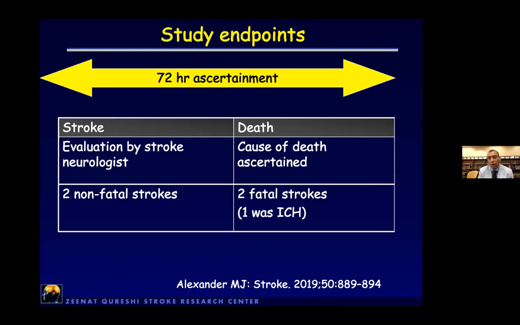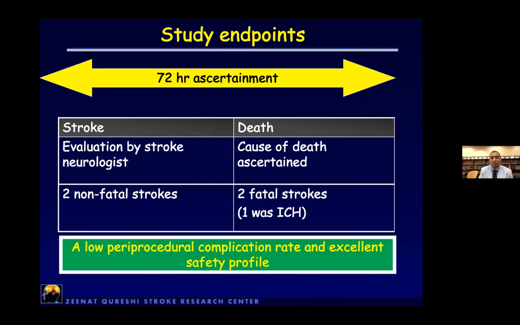It was 2 non-fatal strokes and 2 fatal strokes, so really less than 4% event rate, much lower than the rate seen in the SAMMPRIS trial, which may be because of the on-label criteria being used, or maybe certain things like antiplatelet resistance being tested before the procedure. Nonetheless, in this WEAVE trial for the Wingspan, a low peri-procedure complication rate was observed, and an excellent safety profile was noticed.